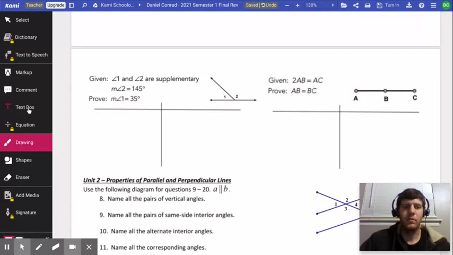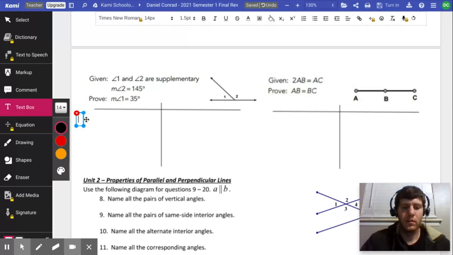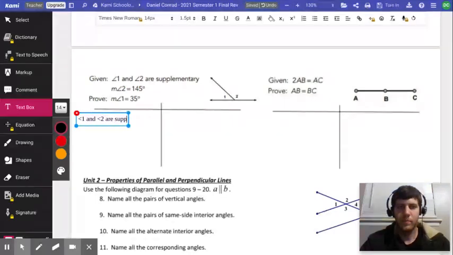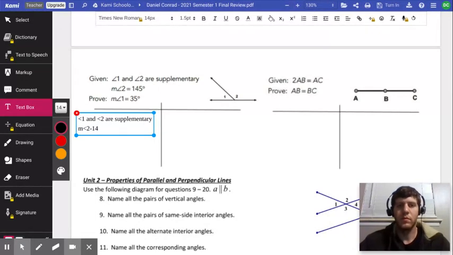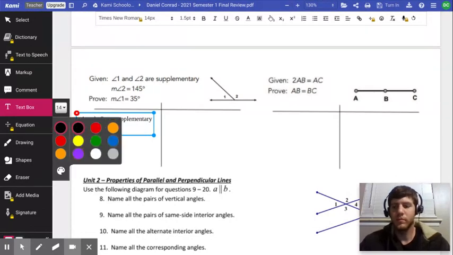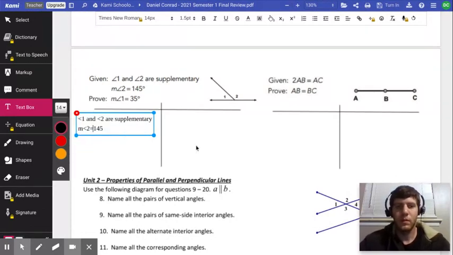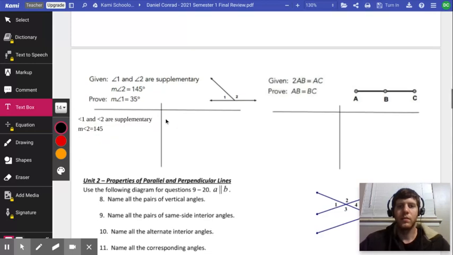Maybe it would be better if we typed this. The measure of angle 2 is equal to 145. That's your given.